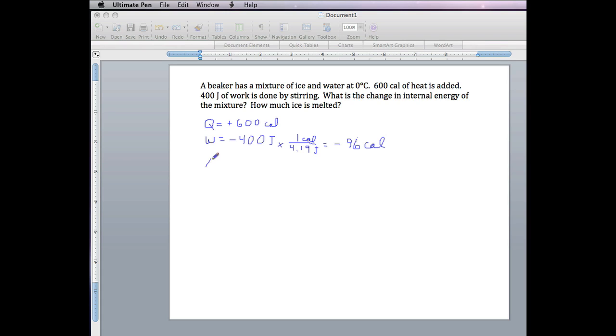First law of thermodynamics says that the change in internal energy, delta U, is Q minus W. In our problem, our Q is 600 calories, and then we have to subtract our work done, and that work done is a negative 96 calories.